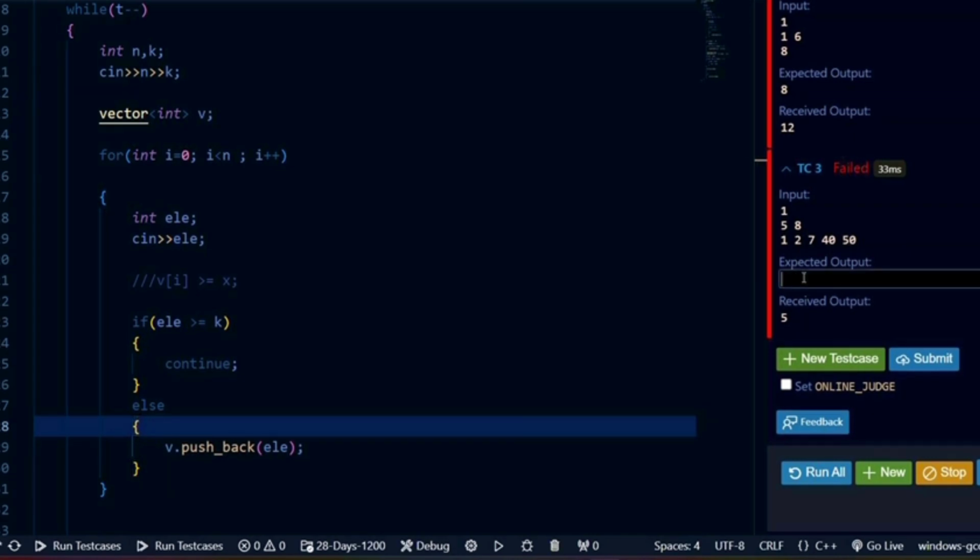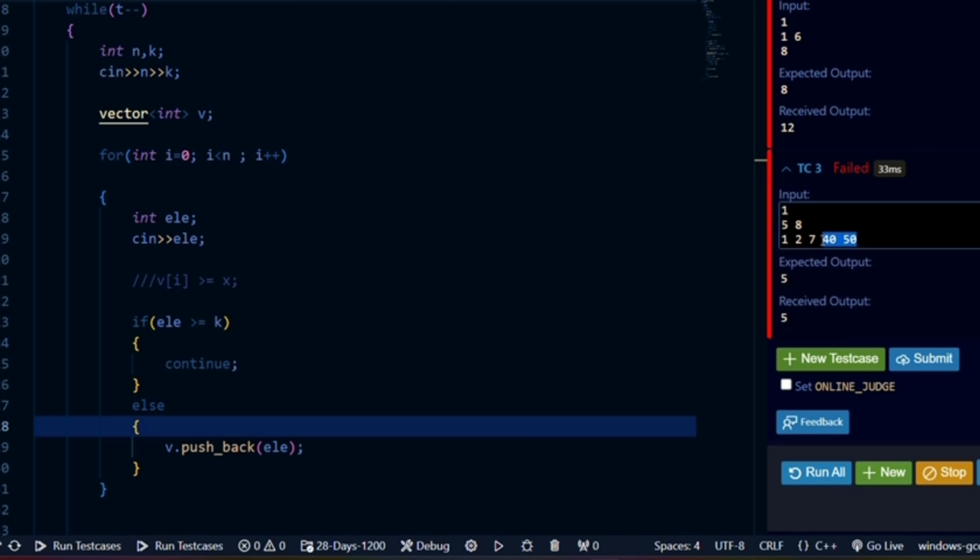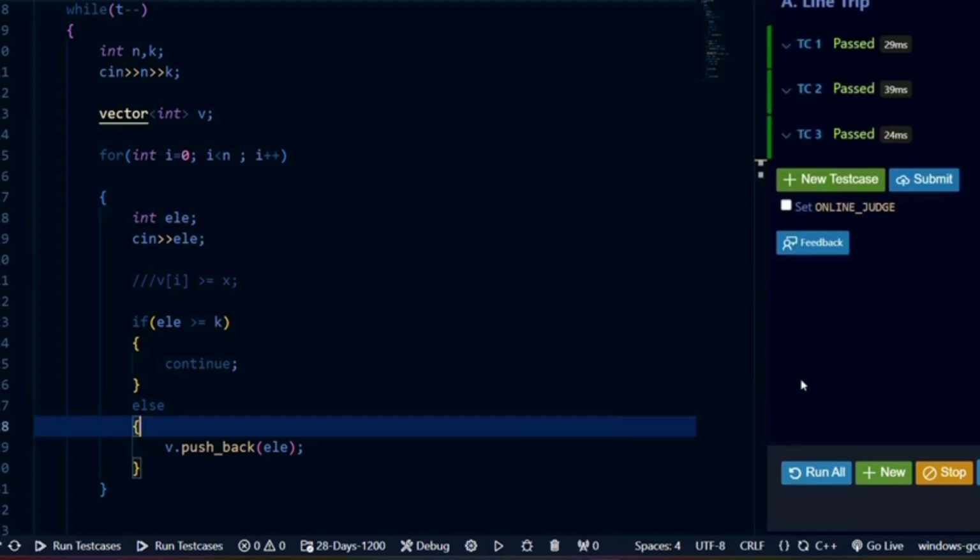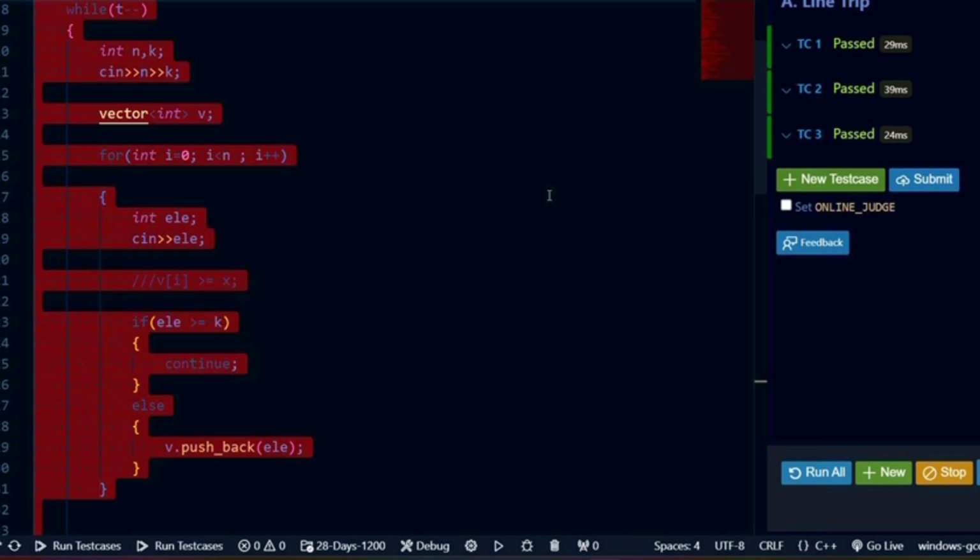Its answer should be 5, because these two were outside the range, so we won't consider them. So our expected output in this case would be 5, and in that case it would be 12. Yeah, so it got passed.